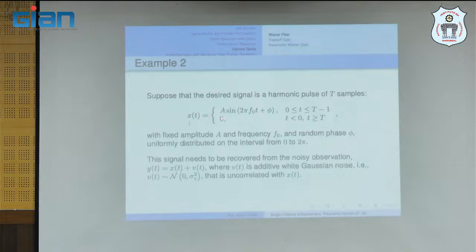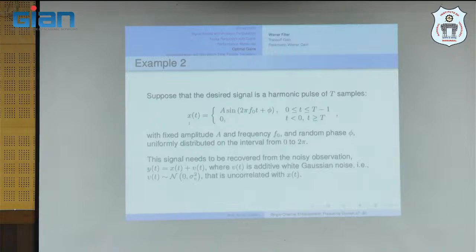The amplitude is fixed, the frequency is fixed, the phase is random between 0 and 2 pi, and we measure just capital T samples of the signal. And suppose that we have additive white Gaussian noise. This is more practical because in the time domain we use a fixed length filter, so we can move it in real time, and so on.